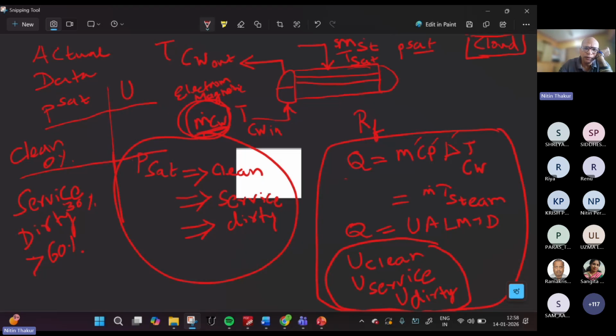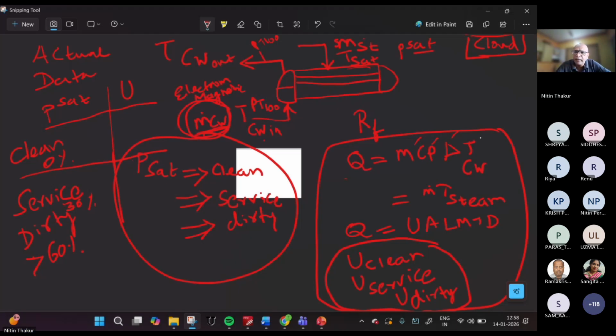Okay. Then we put a PT100 temperature sensor to monitor the temperature of the cooling water. And then we put one more temperature sensor, PT100 type, in the outlet of the condenser on the cooling water side.